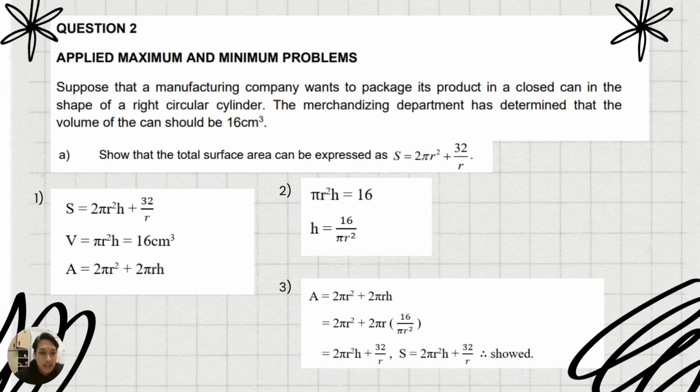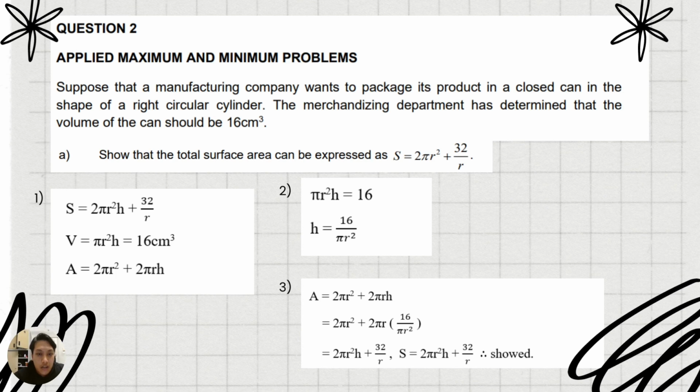To the next step, area is equal to 2 pi r squared plus 2 pi r h. So, we substitute the h with the value we got at the top, which is 16 over pi r squared.